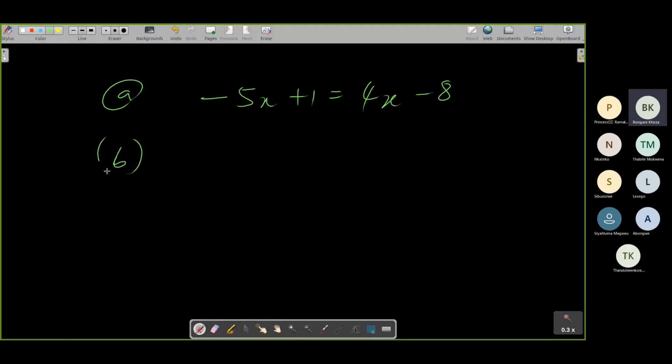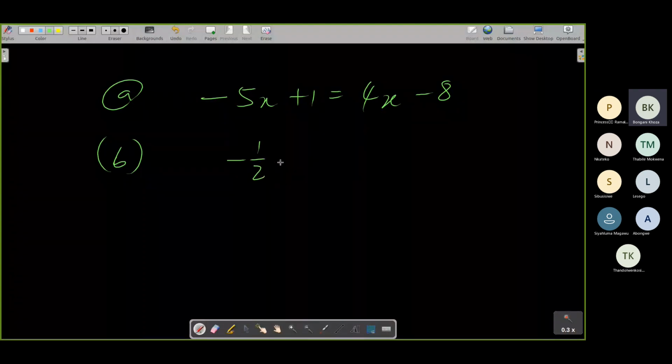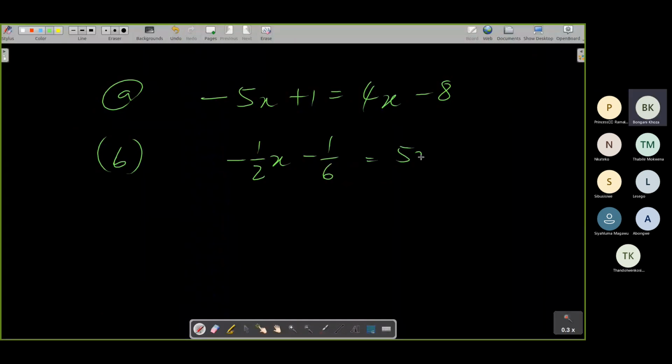Moving on, let me give you something for you guys to do. You are given minus 5x plus 1 equals 4x minus 8. This will be our first one, A. For B, you will have negative 1 over 2 x minus 1 over 6 equals 5x plus 5 over 6.